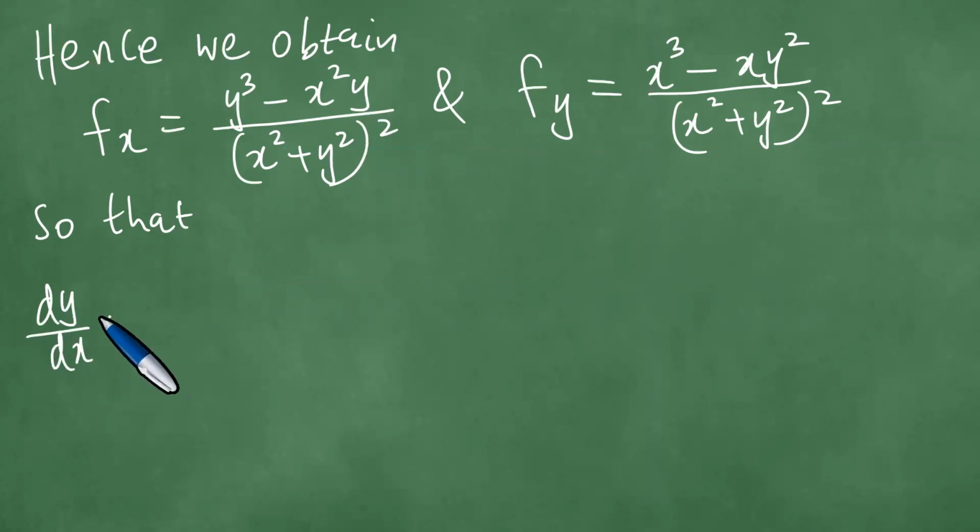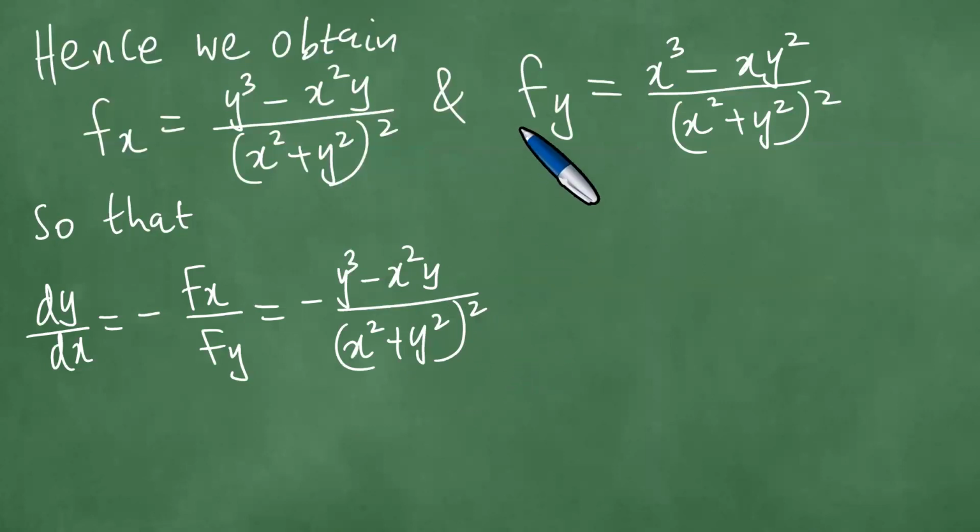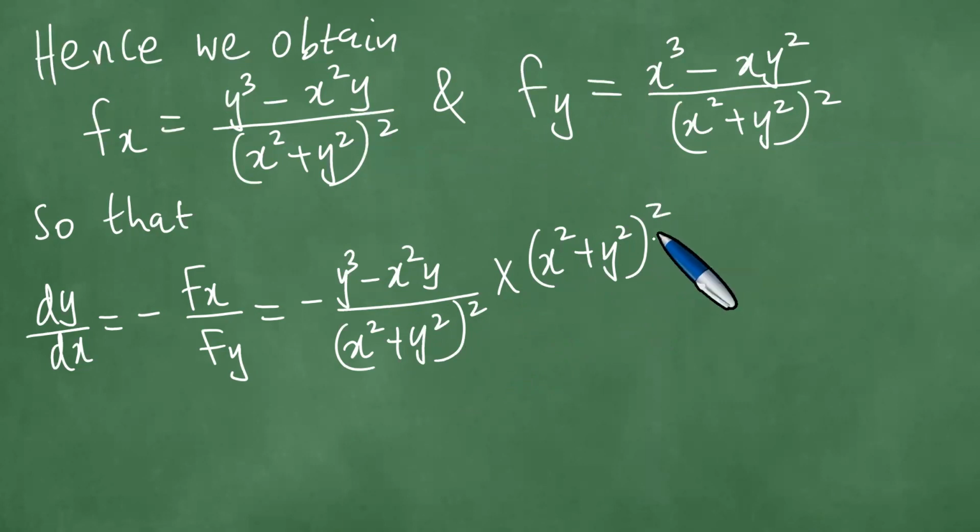dy dx by using partial differentiation, is minus f sub x over f sub y. Minus this, with x squared plus y squared, squared. You divide by this, which means you're multiplying by the reciprocal, as follows.